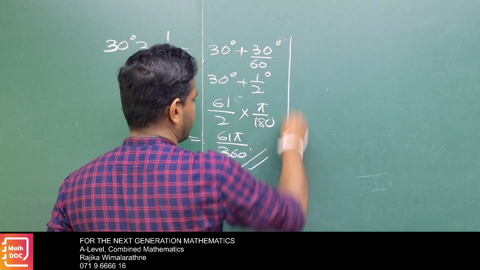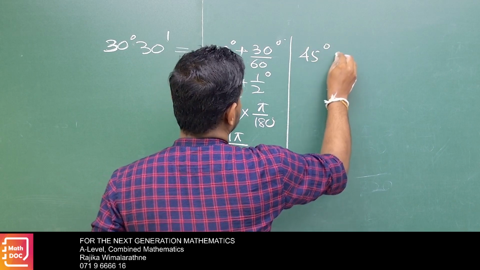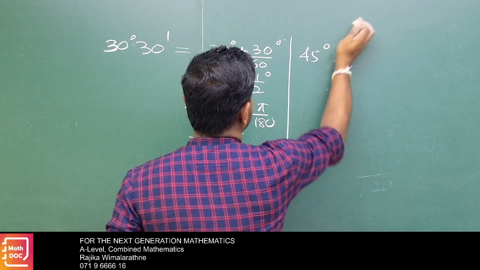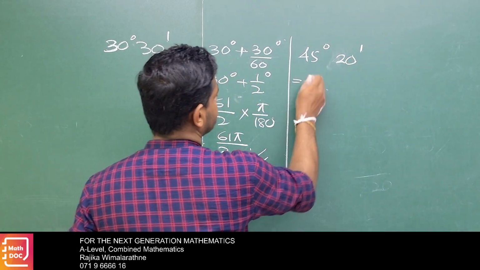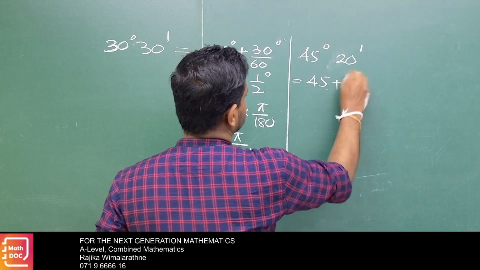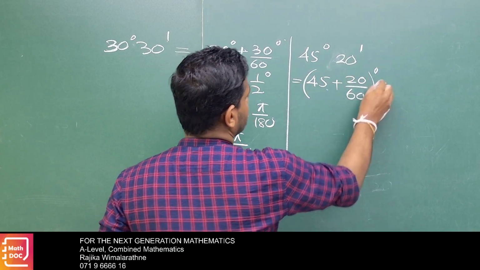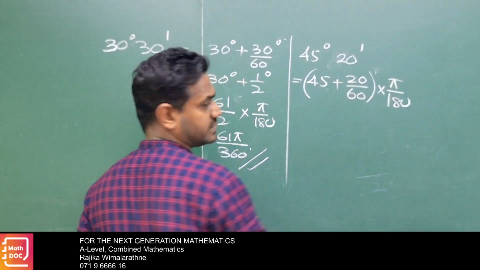See another one. 45 degrees, 20 minutes. Then you do this: 45 plus 20 divided by 60. Now that is in degrees. Now just multiply by pi over 180, no? Now it is in radians.